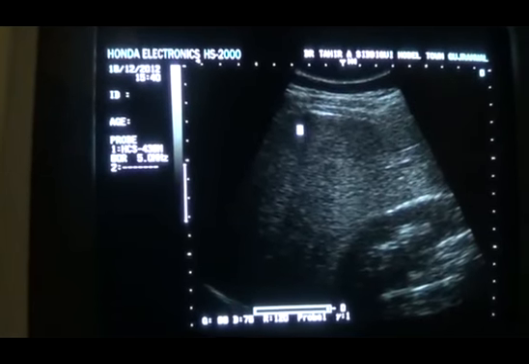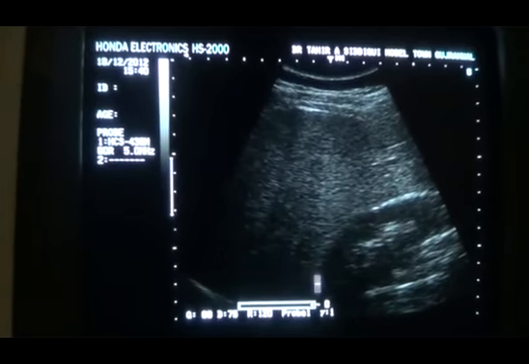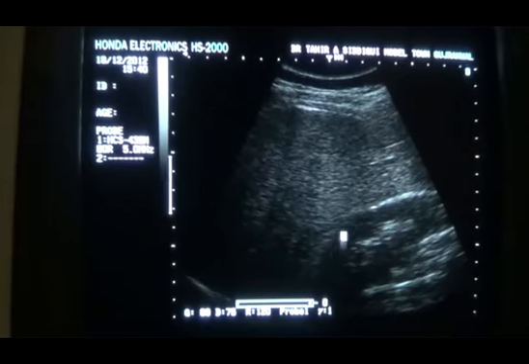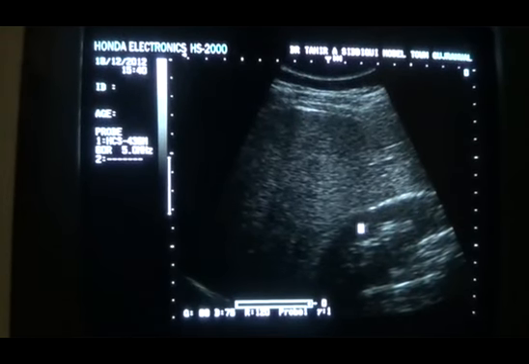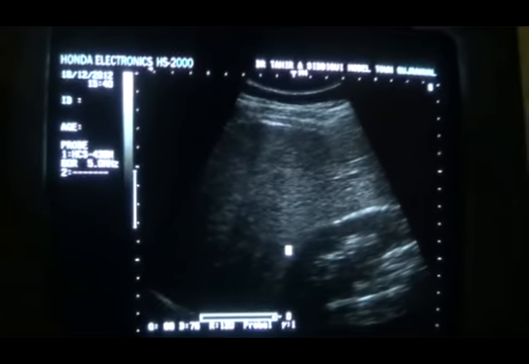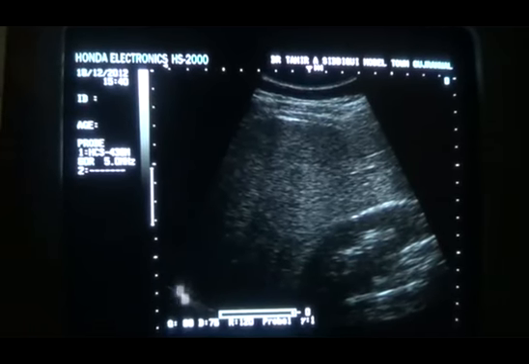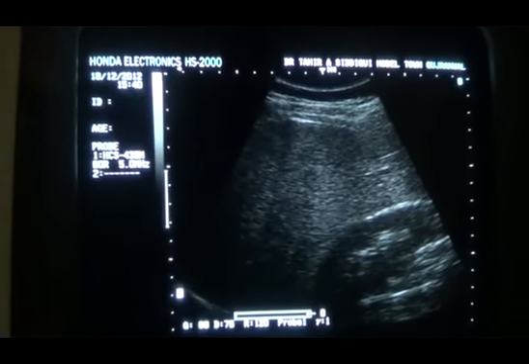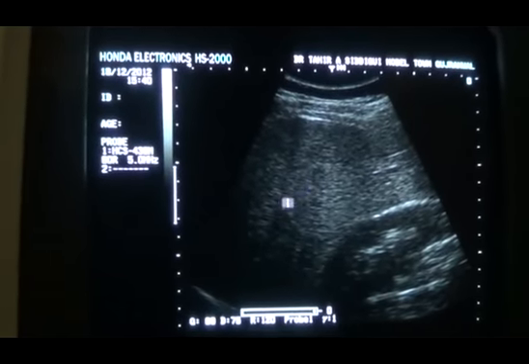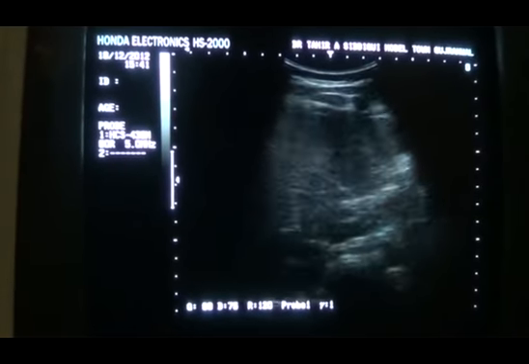So simple diffuse increased parenchymal echogenicity of the liver, with reduced parenchymal echogenicity of the right kidney with thinned out parenchyma and blackness of the area adjacent to the diaphragm, is suggestive of a fatty liver without coarseness. There is no coarseness in the liver. The liver is smooth and homogeneously echogenic.